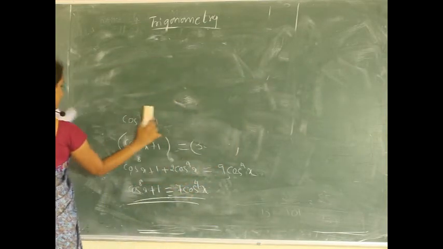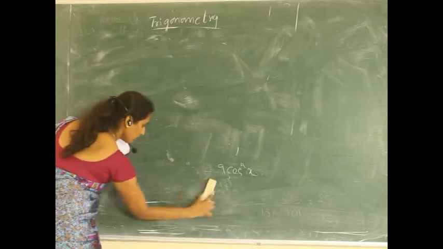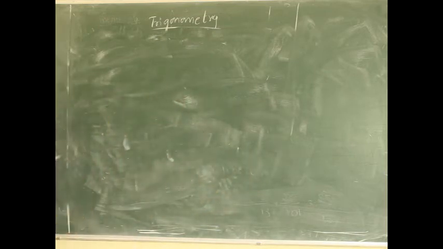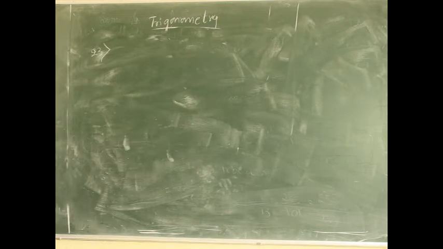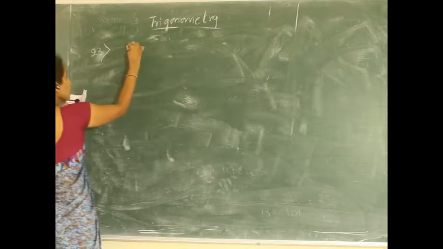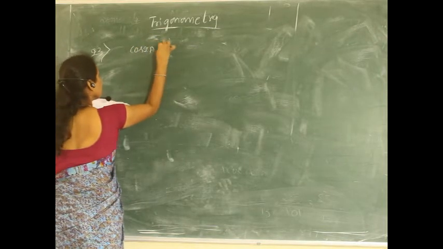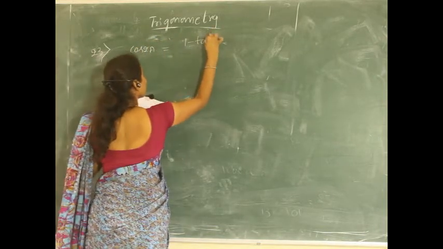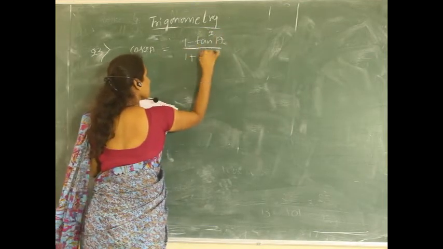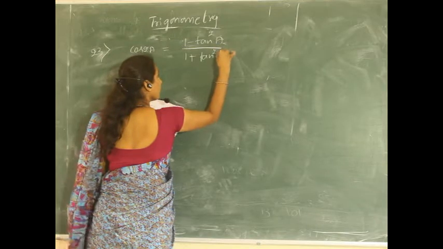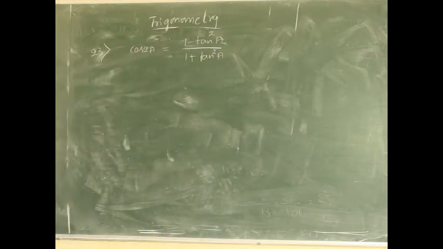To calculate cos 2A, there are four formulas, but since it is given in terms of tan, we use the formula cos 2A is equal to 1 minus tan square A divided by 1 plus tan square A.